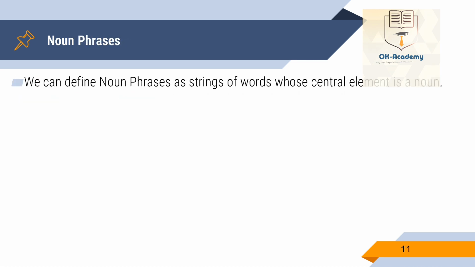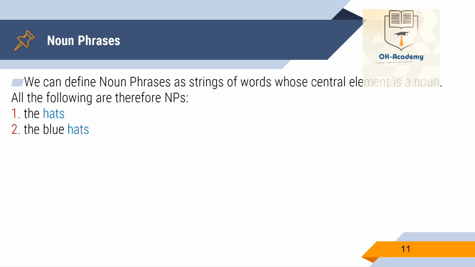And then we have noun phrases. We can define noun phrases as strings of words whose central element is a noun. So a noun phrase is a string of words, maybe 2, 3, 4 words together. The central element of this string of words is a noun.